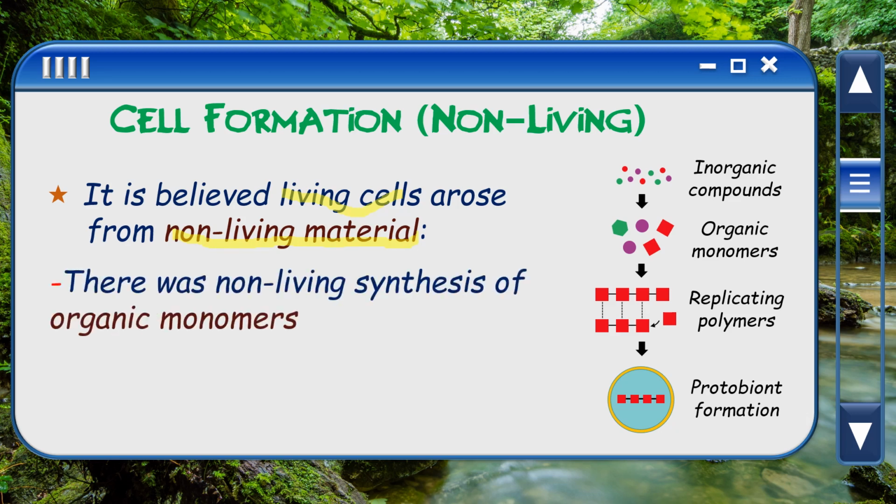They say there was non-living synthesis of organic monomers, which means that at one time there were inorganic compounds, and then these inorganic compounds produced organic compounds. That is what they are saying.